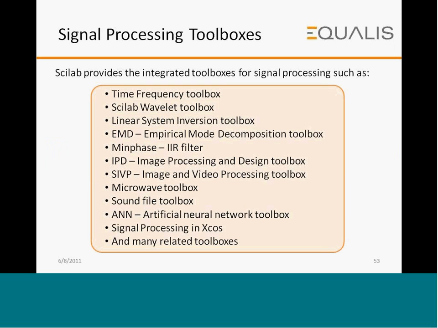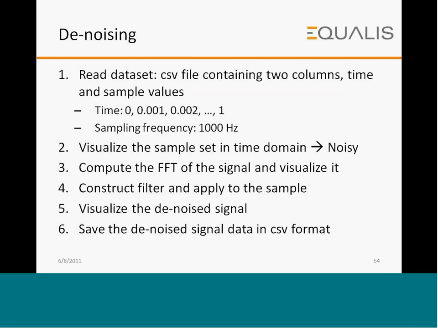And Scilab provides an integrated set of toolboxes for signal processing tasks such as time frequency toolbox, there is Scilab wavelet toolbox, there is linear system inversion toolbox, and empirical mode decomposition toolbox, IIR filters, image processing and design toolbox, and video processing toolbox, microwave, and sound file toolbox, artificial neural network toolbox, there is signal processing and XCOS. So I want to do denoising. I want to read a data set, a CSV file containing two columns.